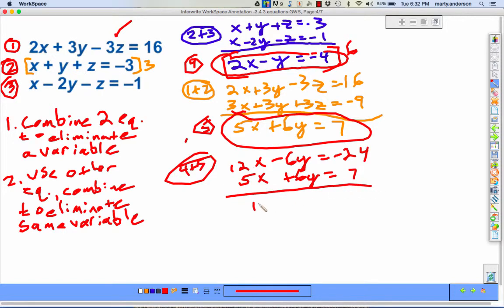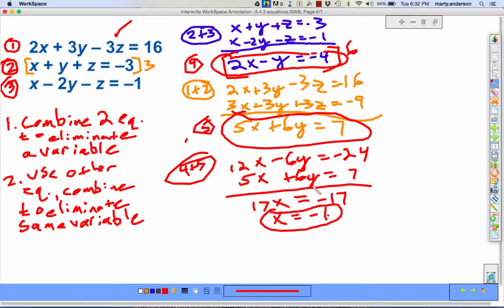And now I will have 17x equals, wait for it, negative 17. X equals negative 1. Once I get x equals negative 1, you work your way backwards. I would put this negative 1, I can put it right in here and solve.